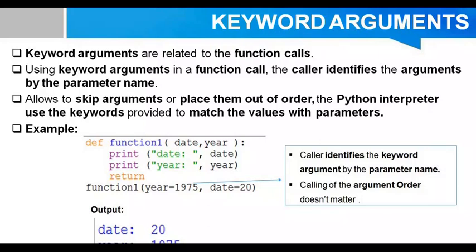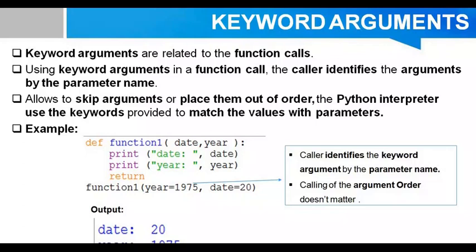So here's the example of what I did here. I'll make a function named function1 and pass date and year as arguments. Just simply print date and year, and when I call this function I simply pass the value 1975 as year and date as 20. So the caller identifies the keyword argument by the parameter name. You have to remember how the function call gets to know that it is a keyword argument: by the parameter name.